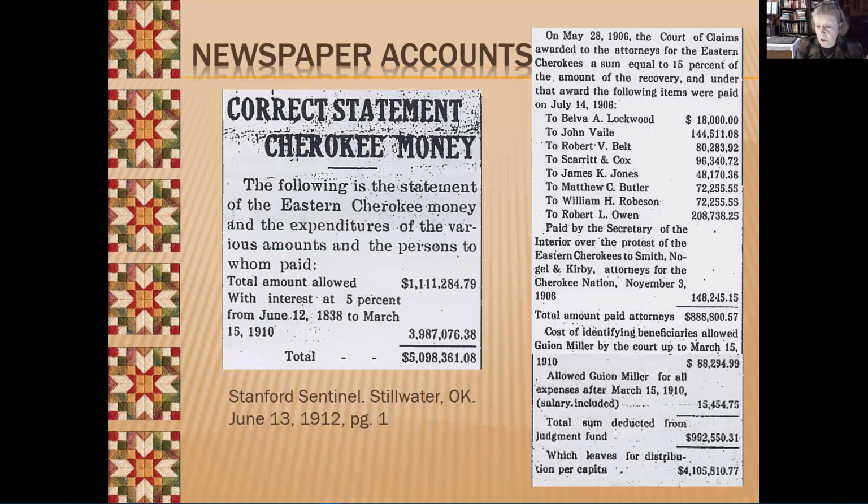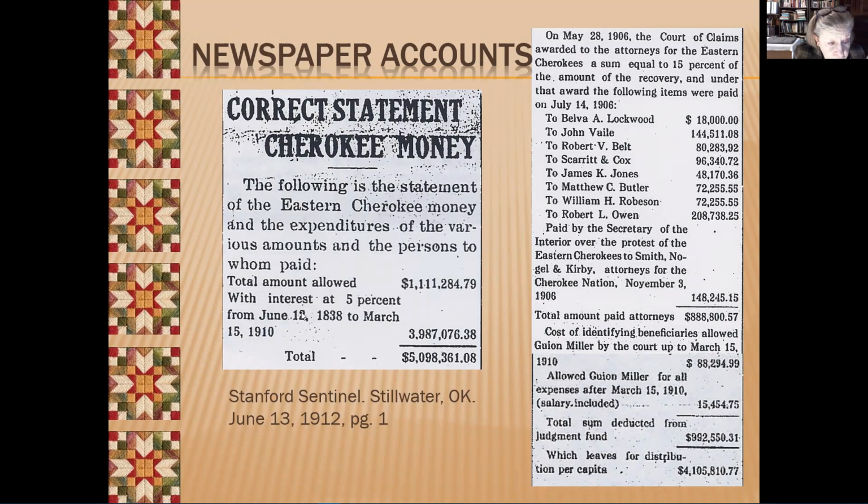Okay, now here's the fun stuff. Now, if y'all think anything has changed, this will bring it back to reality. The following is a statement of the Eastern Cherokee money and expenditures. The total amount allowed, remember we saw this figure earlier, $1,111,284.79.